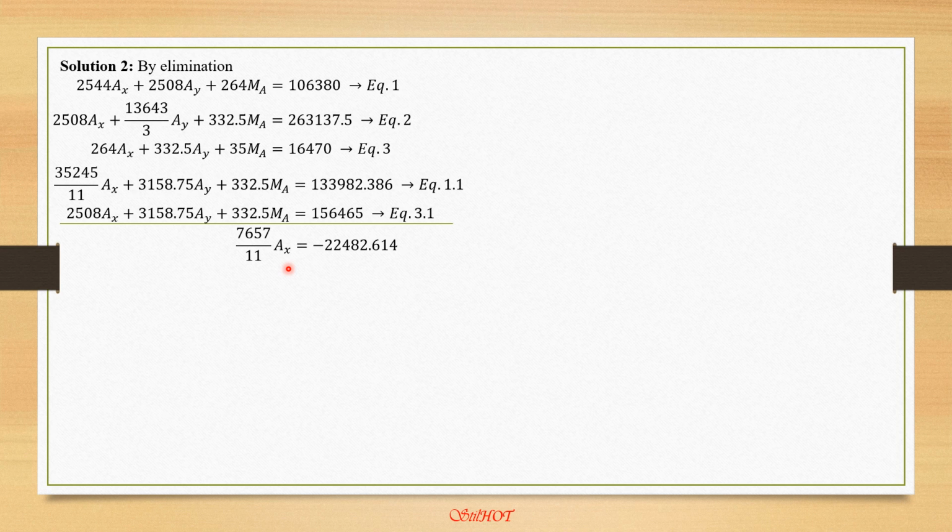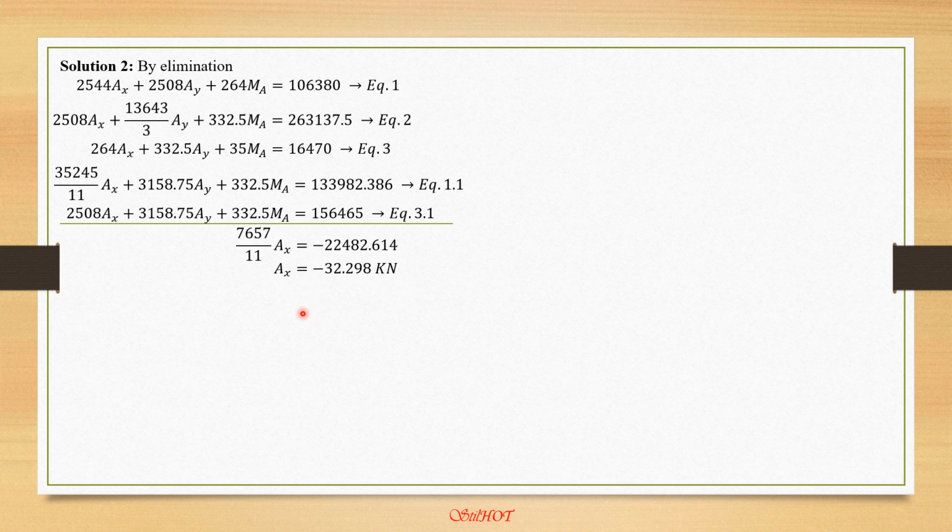So from here, 133,982.386 minus 156,465 is negative 22,482.614. So to solve for AX, negative 22,482.614 times 11 divided by 7657. So AX is negative 32.298, which is very close to our answer before, which is negative 32.299 kilonewtons.